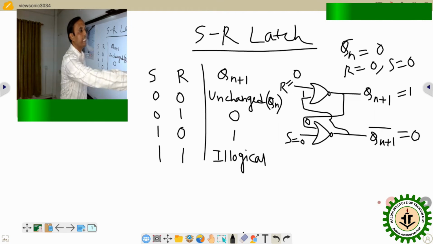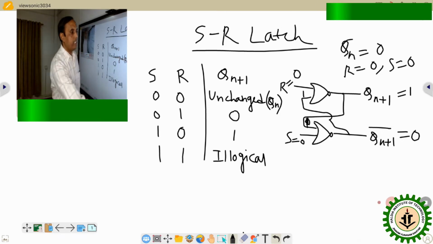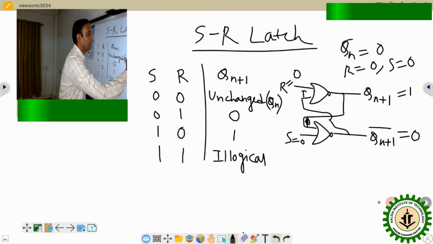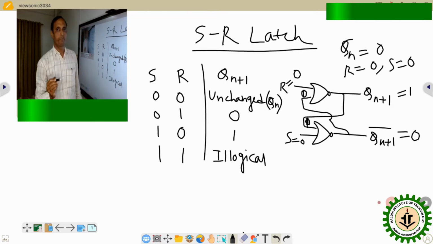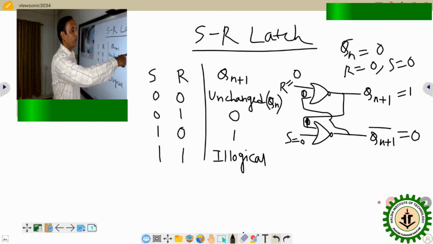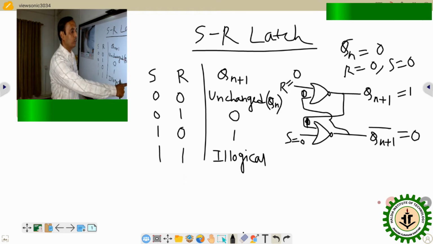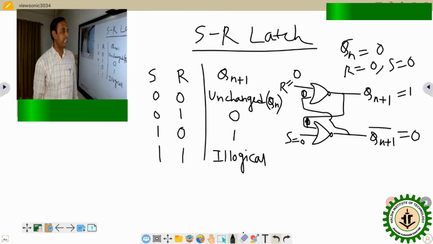So present output 1, so this value will be 1, this value will be 1, and the complement of the present output is 0, that means this value will be 0. Whenever we are providing S equals 0 and R equals 0, we will not conclude the output of that NOR gate yet.